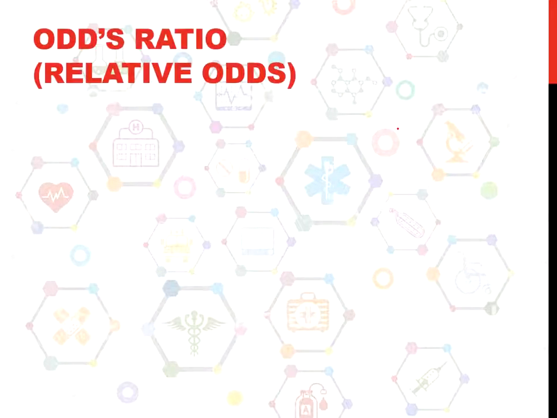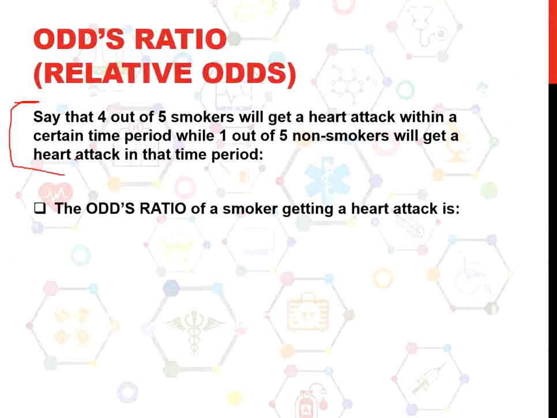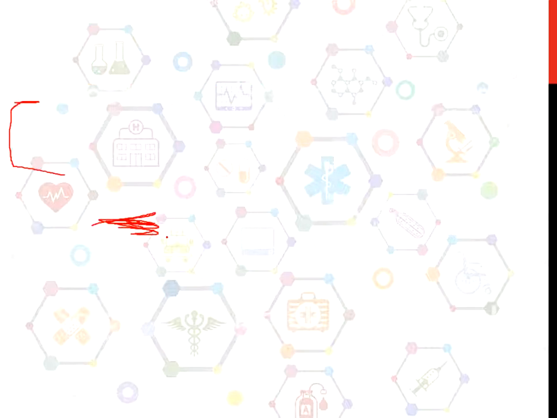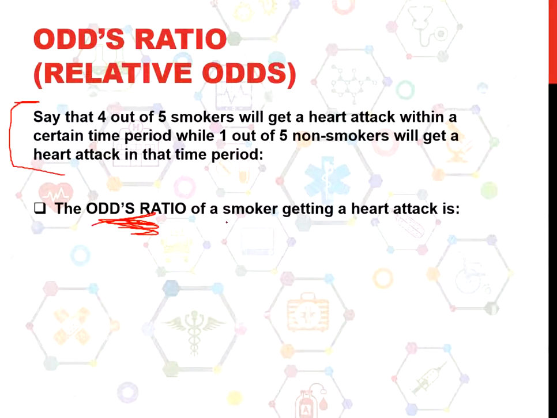Okay, so relative odds. Say, again, ito yung ating same example. Odds ratio of getting a heart attack. So, odds ratio na to ha, odds ratio. Yung kanina, odds lang. So, odds ratio is equal to yung odds na magkaka-heart attack.